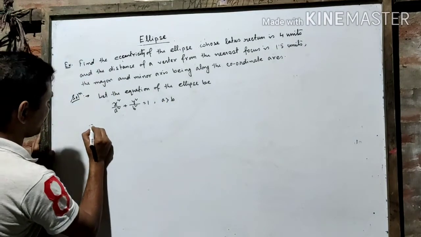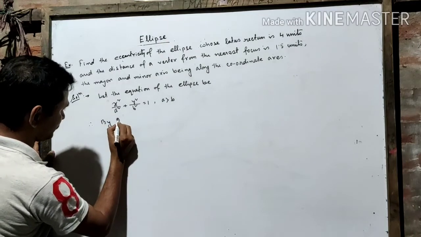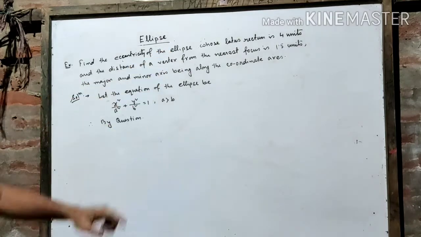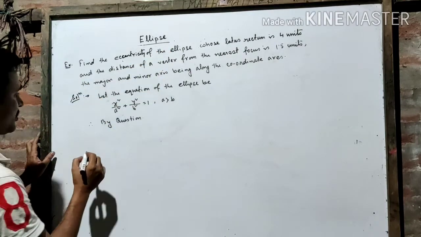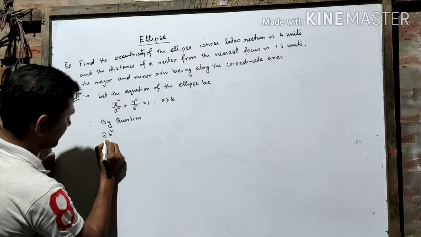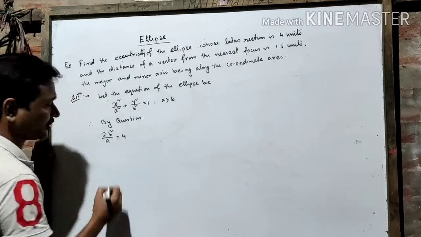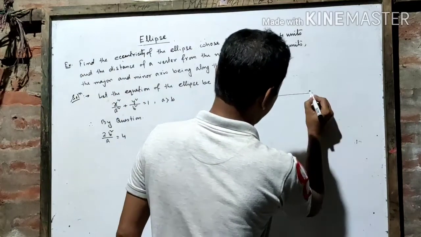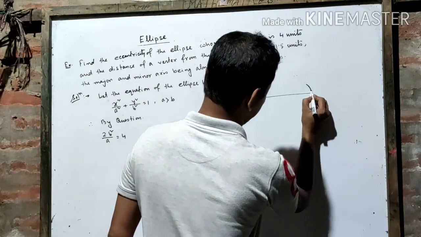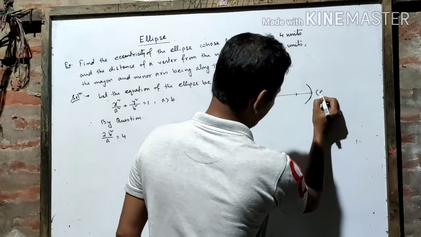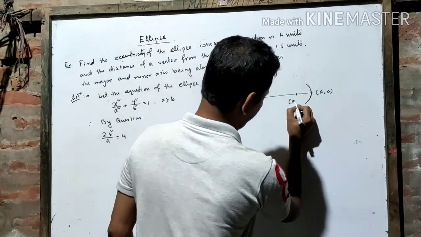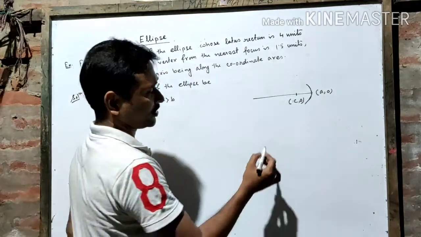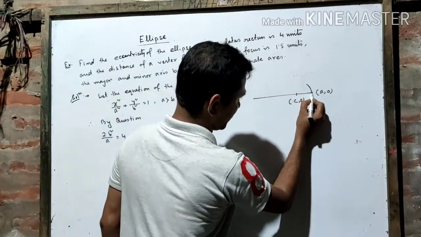Therefore, by question, what is in the question? Latus rectum is 4 units. So what is latus rectum? 2b square by a is equal to 4. And the distance of a vertex, do you remember? This is vertex, this is focus, coordinate of vertex a,0, coordinates of focus ae,0 or c,0. So the distance of a vertex from the nearest focus is a minus c.